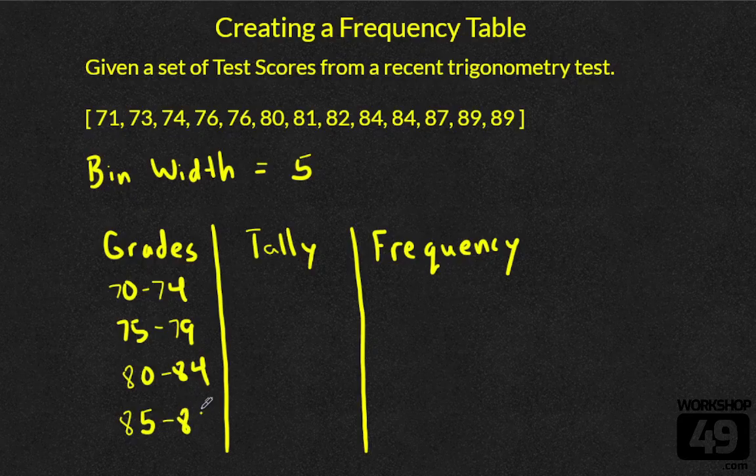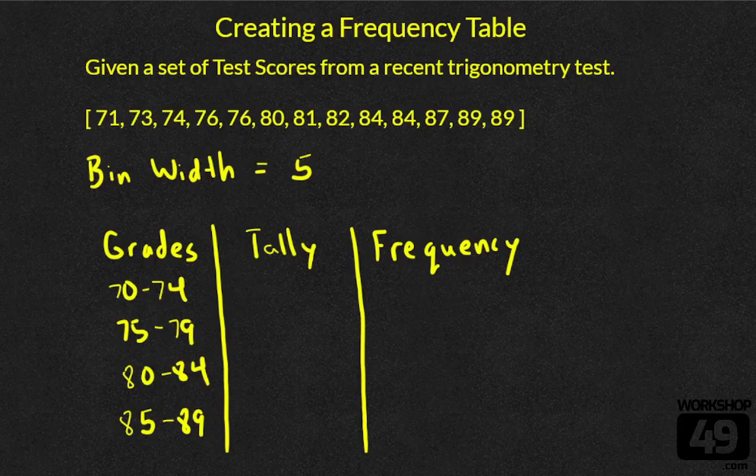So if that ever happens, and you see one of these frequency tables written where it goes 70 to 75, 75 to 80, 80 to 85, if you have exactly 80, it will always drop into the higher bin. Good little tip, try to remember that because they're not always written like this.